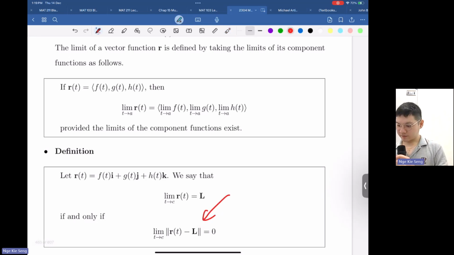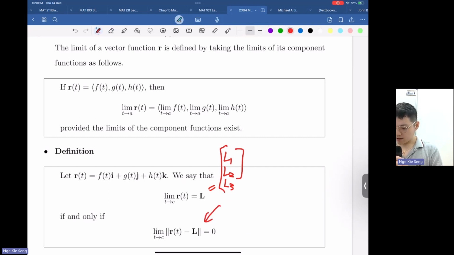So this is the square root. So how do I put it? Okay, so let me just write it up. So let L equal to L1, L2, and L3 here. So this is a vector. So what's this norm here?